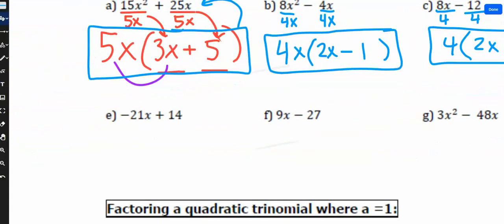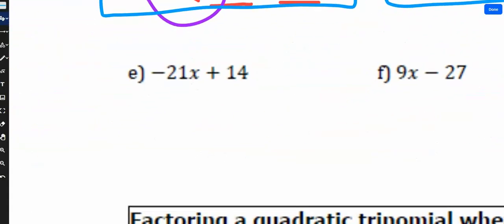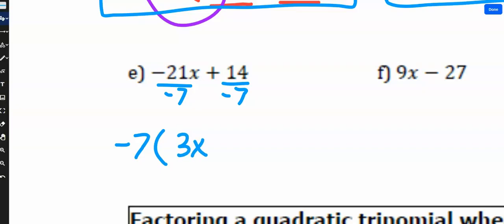Go down to letter E. Now, on letter E, I'm going to suggest to you that we pull out a negative 7. So I'm going to divide each one of these by a negative number this time. There's a real reason why I'm doing that, because I want the thing left on the inside right here with the x to be a positive.